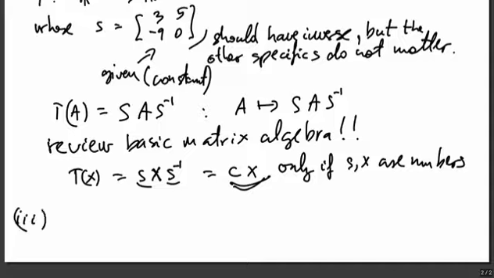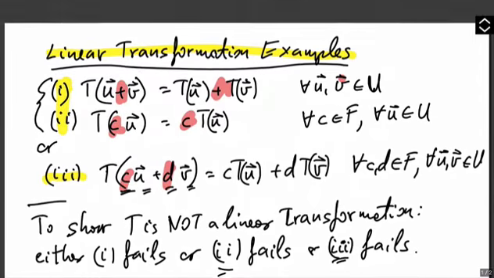Try to show that this is linear in one step, the original one with matrices. So the variable is A, and the vector element.